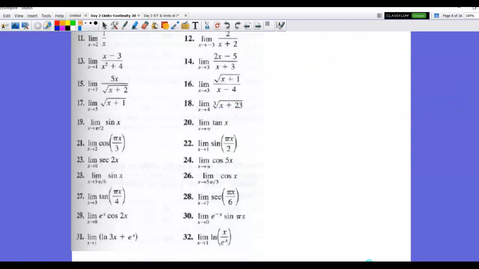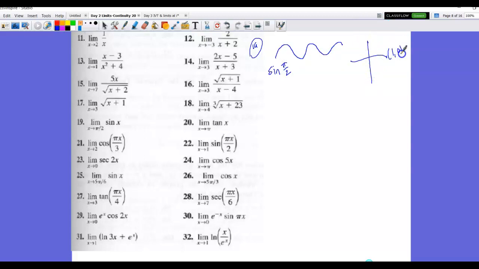In problem number 19, I know that sine of x is a continuous curve that just does the same thing over and over and over again. So I don't have any discontinuity, so I can use direct substitution. So the sine of pi over 2. Here's my unit circle.